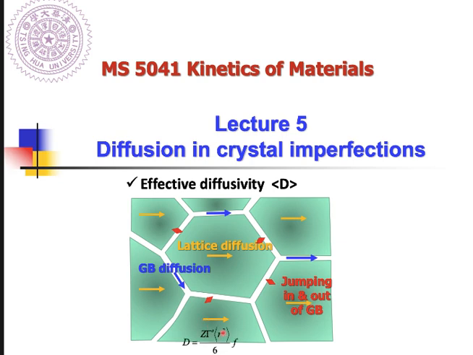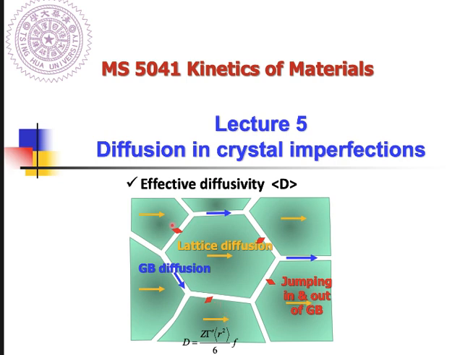The only clue, the only information I learned from lecture 4, is that the diffusibility inside the grain can be expressed like this: gamma, the total jump rate, times the mean jump distance squared, divided by 6, times the correlation factor f. So this is the diffusibility that describes how fast the atom moves through this grain.